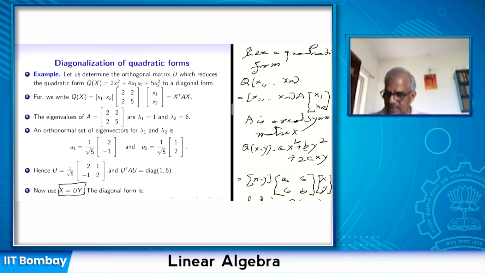If I take y to be 0, 1, etc., then I will get the second column vector of u. So in the new coordinate system, the mutually perpendicular directions are represented by the column vectors of u. The new coordinate system is oriented as per the eigenvectors of u, and the diagonal form is simply this.